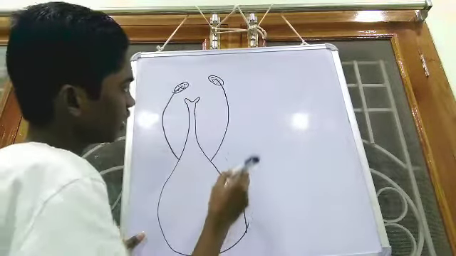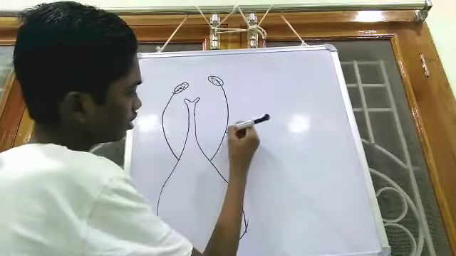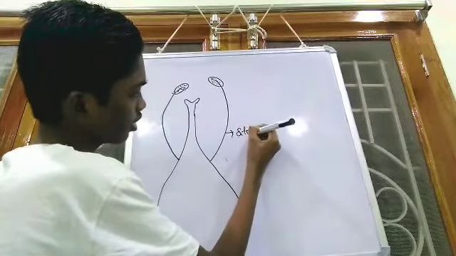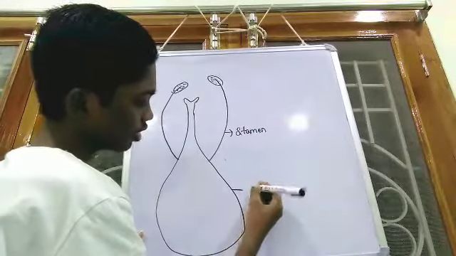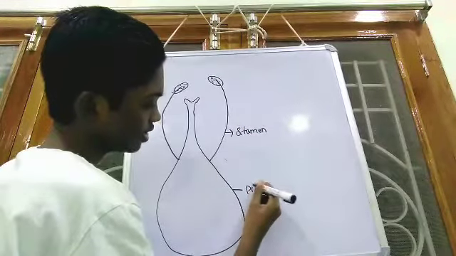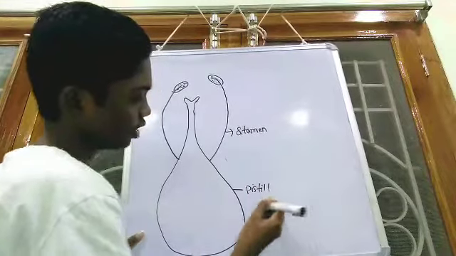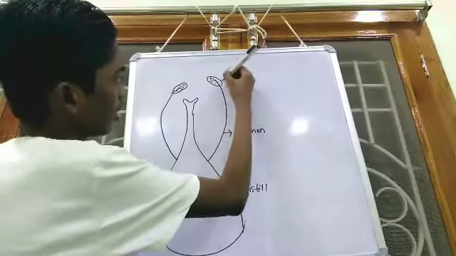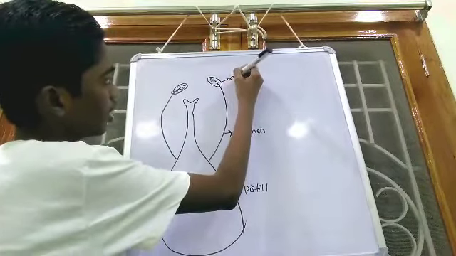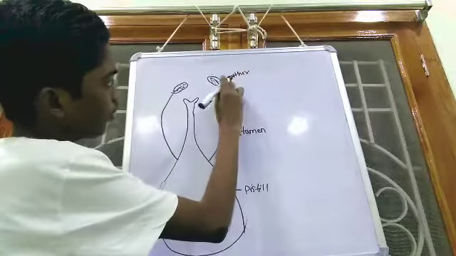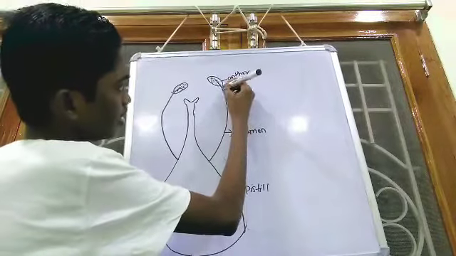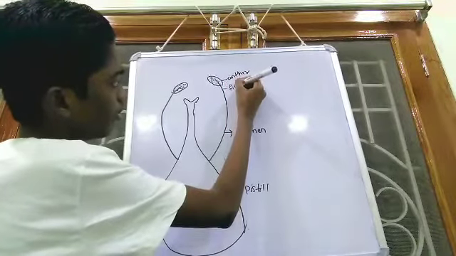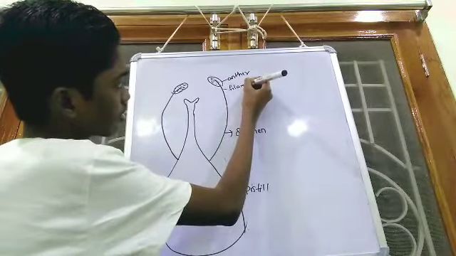Actually, this is the stamen, the male reproductive part, and this is the pistil, the female reproductive part. This is the anther of the male reproductive part. If you observe, the anther contains pollen grains, and this is the filament. The lower part of the anther is called the filament.